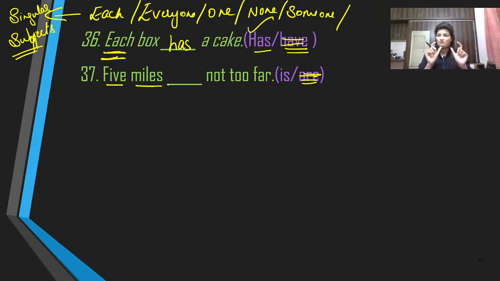But when we are referring to five miles over here, we are in fact referring to one particular distance. That's why we take that one distance into consideration, and that is why is.